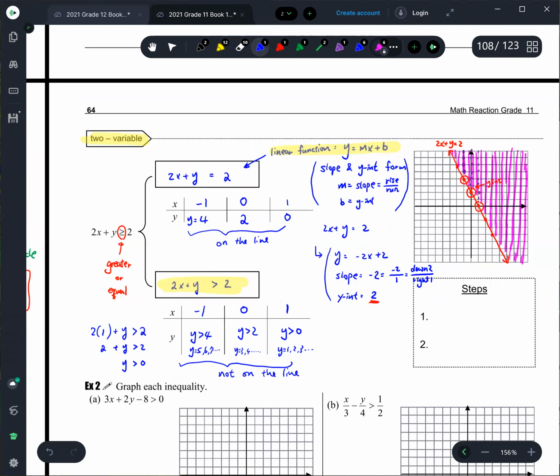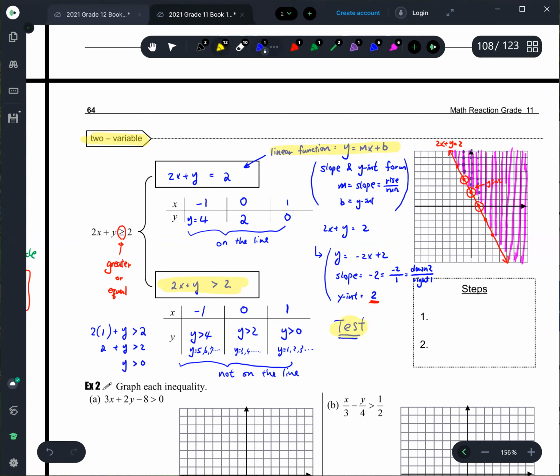So what I mean is, after you get the line, right, just pick a point. Okay, we write a test here. For example, I pick 0, 0. Okay, I test 0, 0. 0, 0 is right in the center, right? I throw that point into our inequality.